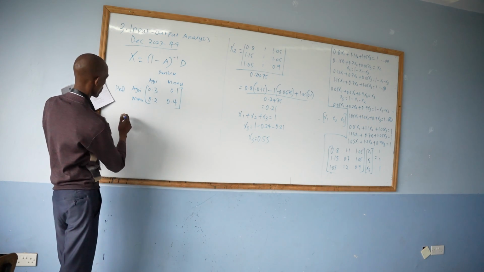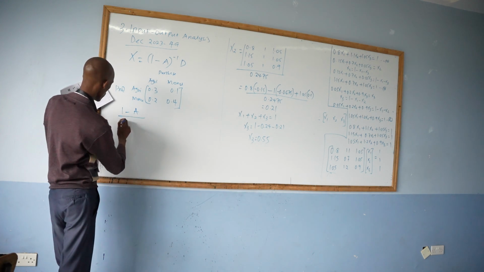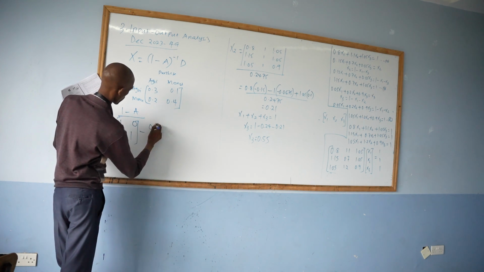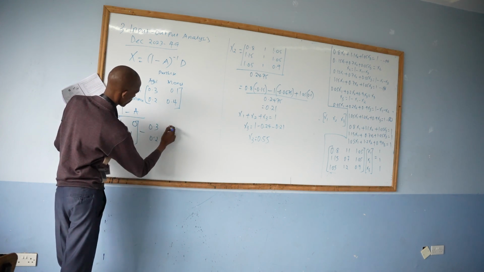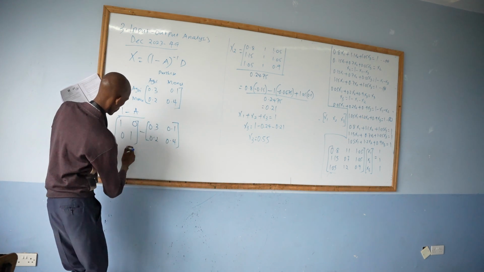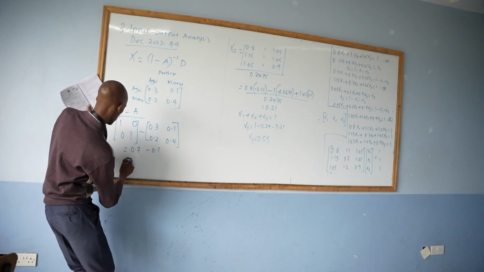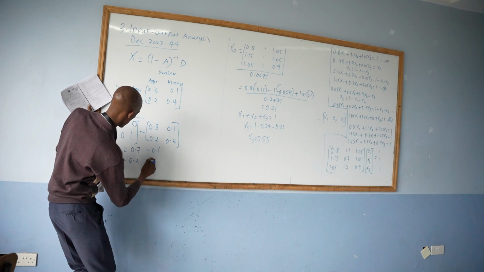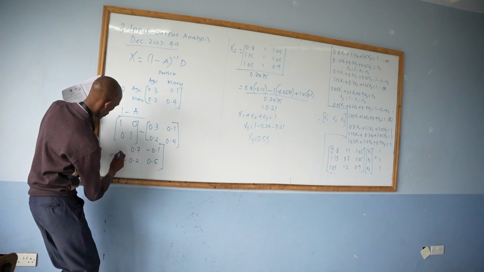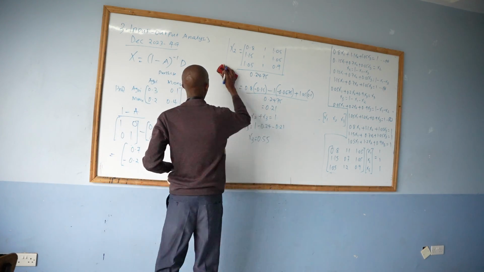If we have the A, we need to get 1 minus A. This is a 2 by 2 matrix. So identity of 2 by 2 minus 0.3, 0.2. If it is 3 by 3, identity matrix of 3 by 3. This is 0.7, negative 0.1, negative 0.2, 0.6. If it is 3 by 3, in our questions I've shown you how to develop matrices of this.